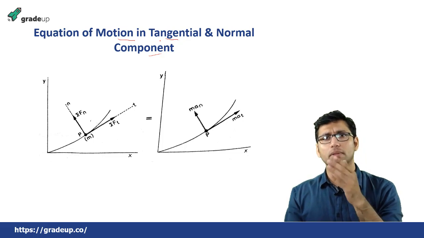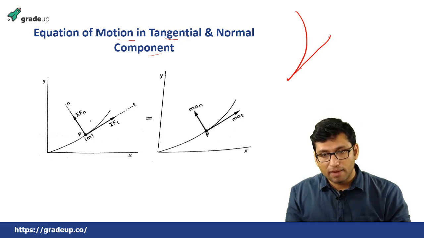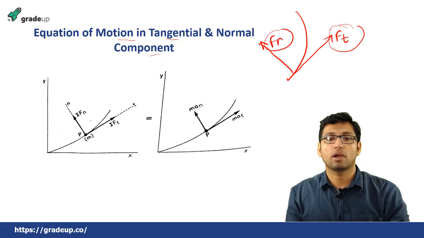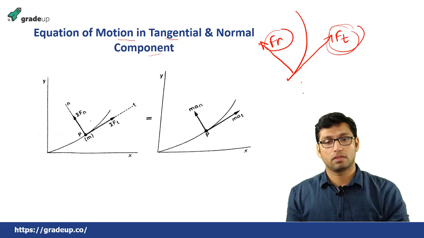When the motion of the particle is taking place along a curved path, it will also have two components. One force will be acting tangent to the curve, and another will be a normal force. Similarly, it will have two accelerations, one in the tangential direction and another in the normal direction.